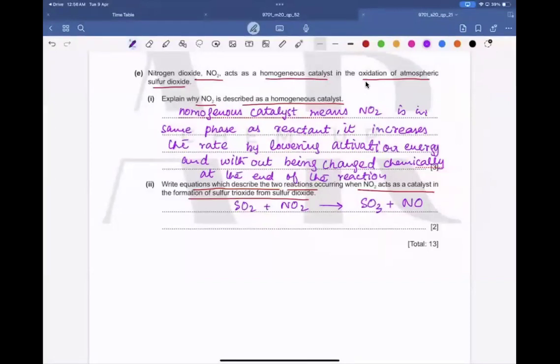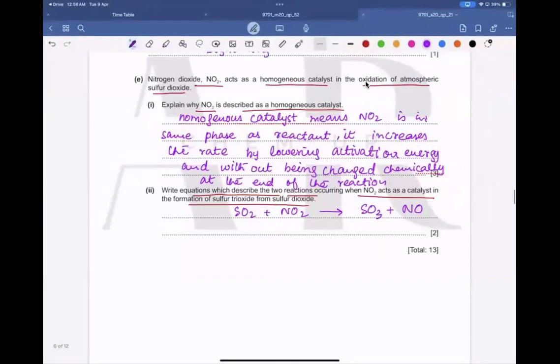See, and as NO is formed, that NO, not NO2, sorry, NO reacts with oxygen to form NO2 back, and to balance the equation I have to put a half over here. So this is how the reaction proceeds. Is this clear to all of you?